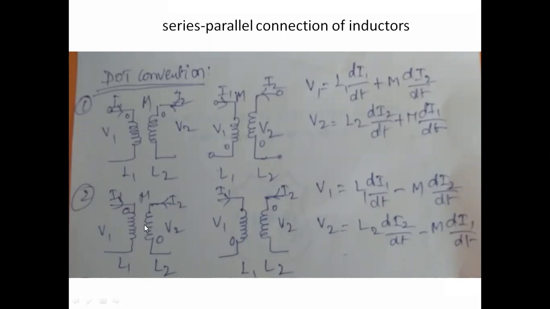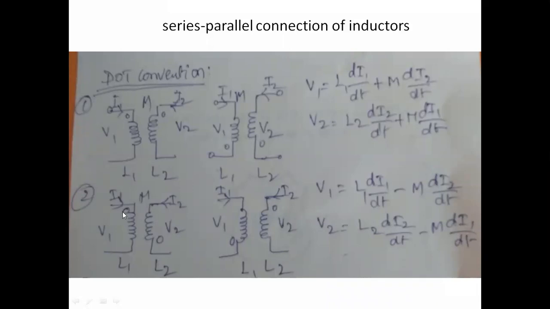Due to the first current I1, the flux will be generated, and due to that the voltage will be induced in the second coil. Due to the current I2, and there is a dot representation, it means it is reversed, and due to that it will produce a second flux.